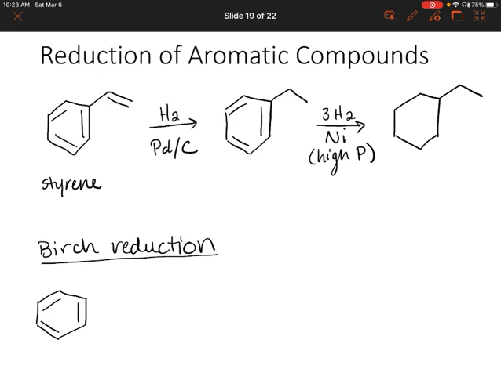So let's say you start with a benzene ring. You can add pure sodium, which remember, pure sodium is very reactive with water. So you don't want to have any water present during this reaction. Instead, you could use an alcohol like methanol and ammonia.